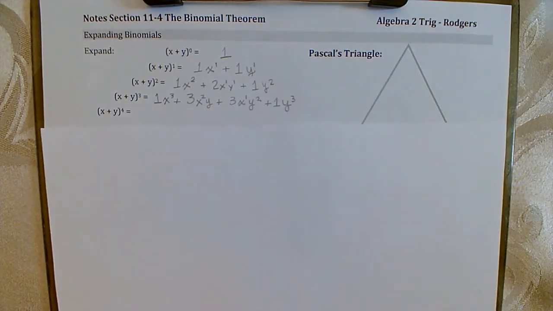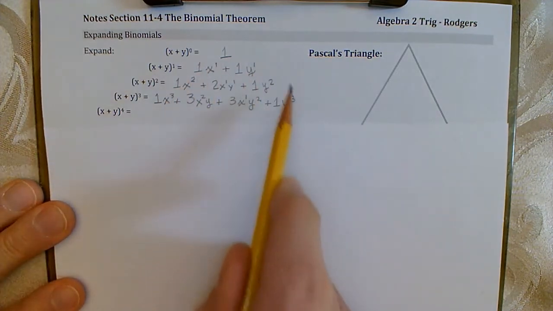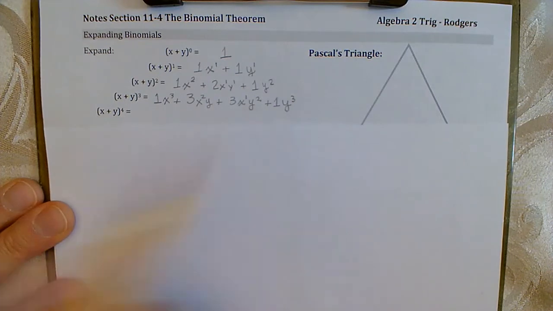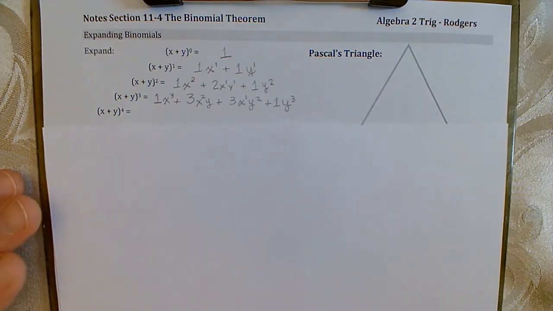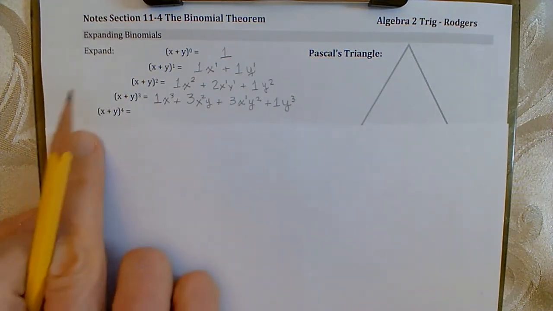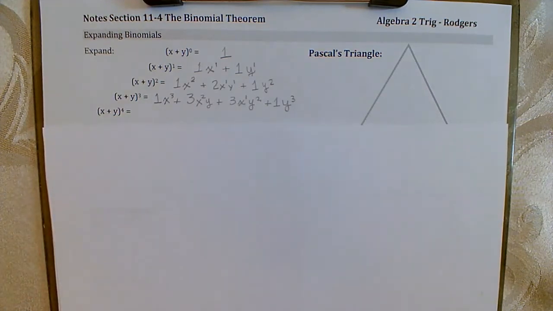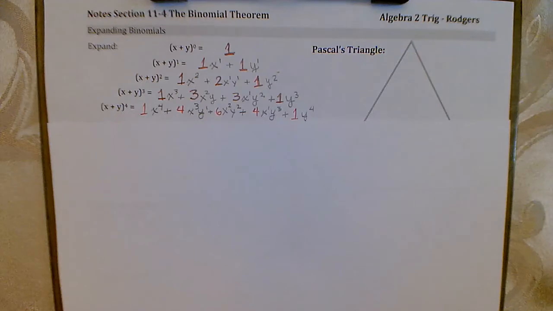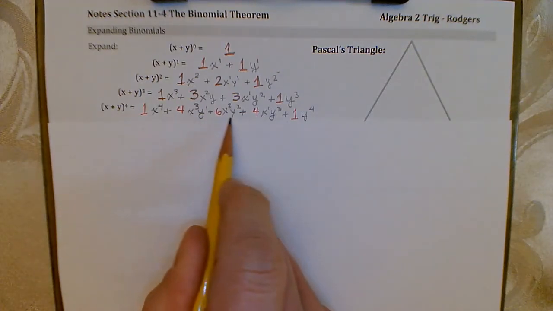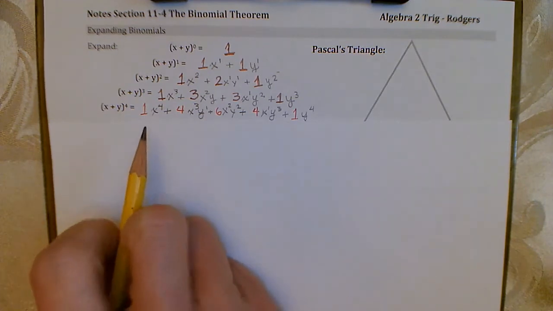Okay, now what I would like you to try to do is come up with what you think the next thing is going to be without foiling it all out, without multiplying all these binomials together. Just by looking at the pattern that you see here, see if you can come up with what the expansion of this binomial to the 4th power would be. All right, so here is the result if we were to expand this out.